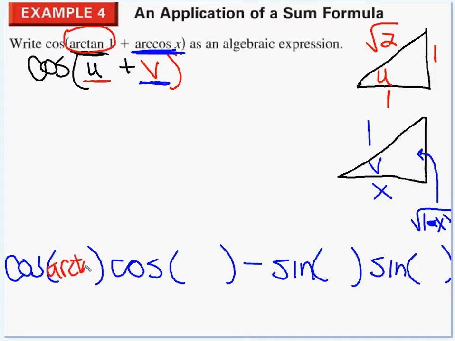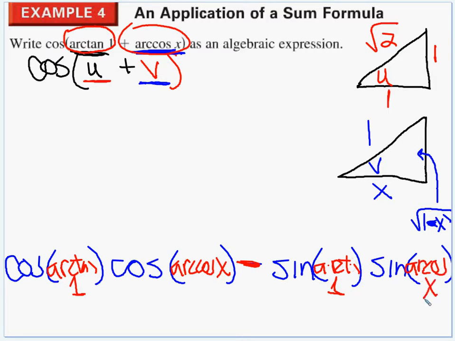So this is arctan 1. I should have made my parenthesis a little bit bigger. Next up is arc cos x. And then after the minus sign, we do those same angles again. First it'll be arctan 1, and then next up will be the arc cos x. Kind of messy, but we'll work through it here.